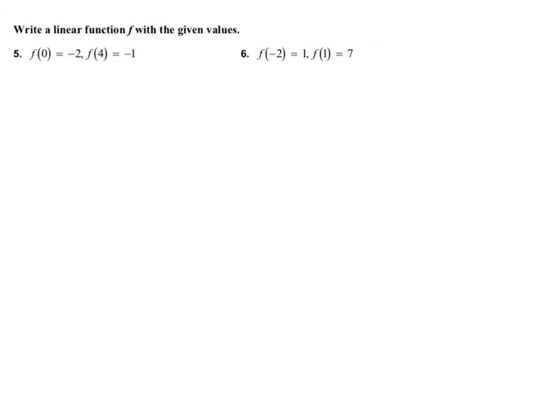And if we take a look at the last couple, here we were asked to write a linear function, this time with the given values. So if I start by finding my slope, I know I have the points 0, negative 2, and the point 4, negative 1 as values of my function. My change in y from negative 2 to negative 1 is going up 1, and my change in x is going down 4.